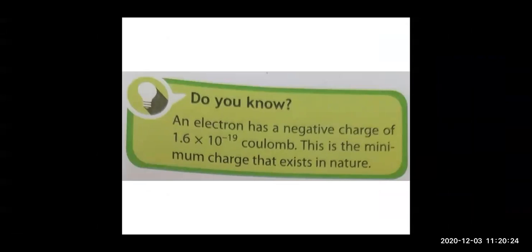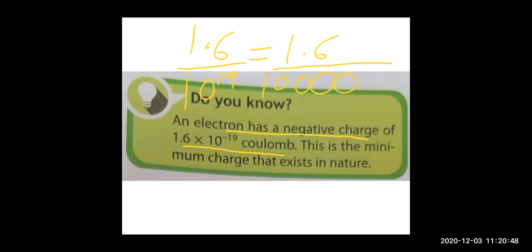So what is the charge of one electron? Children, one electron has a charge of 1.6 into 10 to the power minus 19 coulomb. Children, minus 19 means what? It means 1.6 upon 10 to the power 19. It means 1.6 upon how many zeros? 19 zeros.